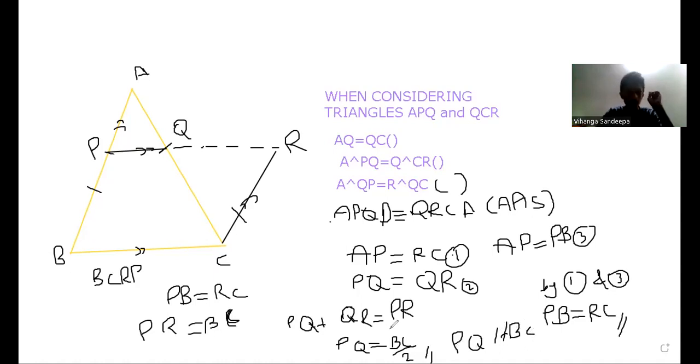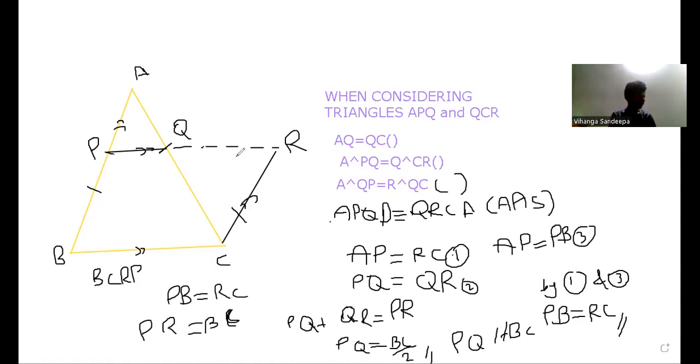This is the proof. In here you have to construct a parallel line to the side AB. Then by connecting the midpoints of the two sides AB and AC, the points P and Q, you can extend the line PQ to R. Then you have to get the congruency of the triangles APQ and QRC.